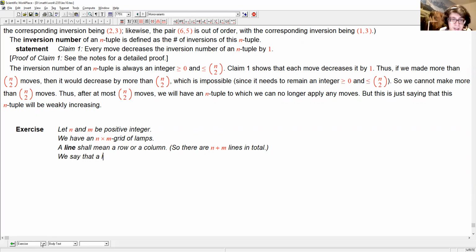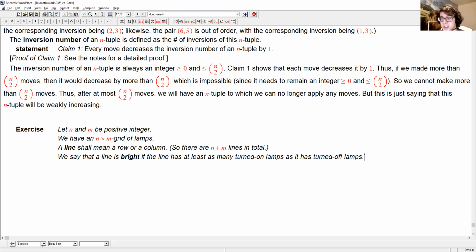We say that a line is bright if the line has at least as many turned on lamps as it has turned off lamps. In other words, if the average brightness of a lamp is 1/2 or larger, so to speak.